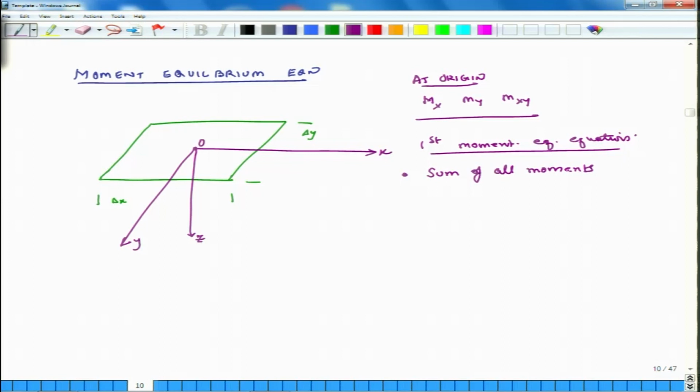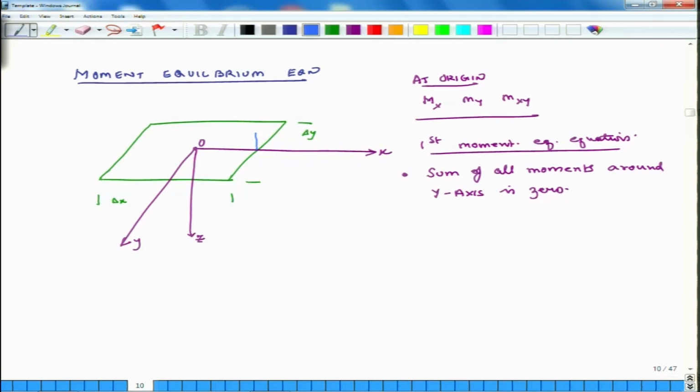Whenever we have to specify a moment, we have to say around which axis it is trying to rotate. So, we will say the sum of all the moments around the y axis is 0. Okay. Let us look at what these moments are.